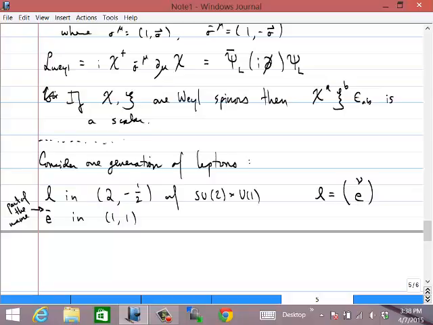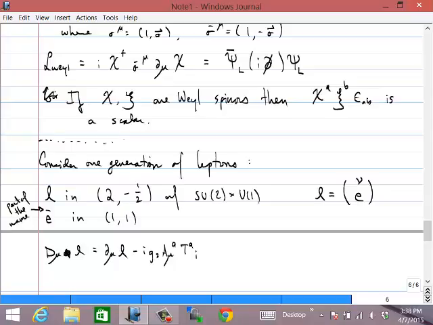Okay, so what is the action? Well, the kinetic term involves a gauge covariant derivative. So what is that? This is the partial derivative of that lepton field L minus i g2 A mu A T A. Okay, I guess I'll just leave off my indices.